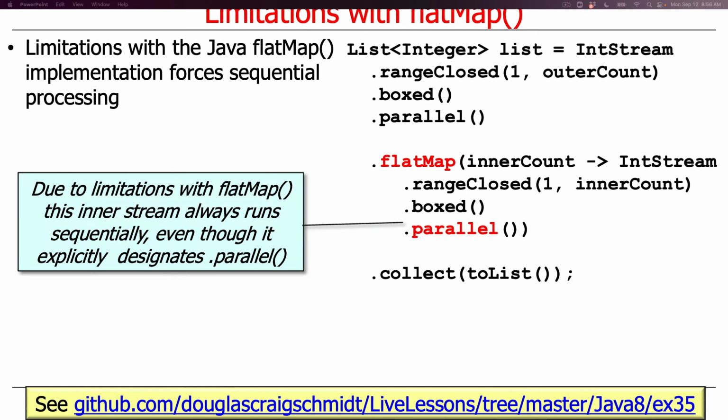But what we're trying to do here is have an outer stream that runs in parallel, and then we're going to have an inner stream that's trying to do some stuff also in parallel. And despite the fact that we have the .parallel operator here, this inner stream is always going to run sequentially, even though we said I want it to be running in parallel. Rather quirky and rather curious, isn't it?